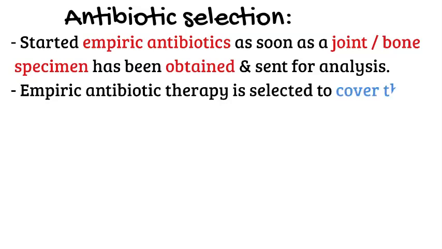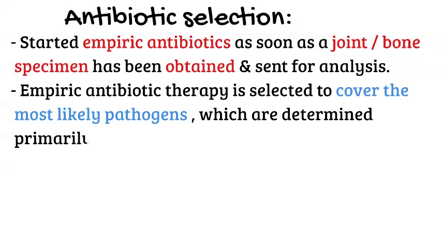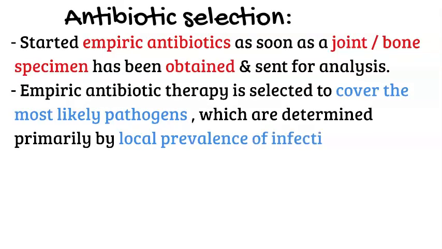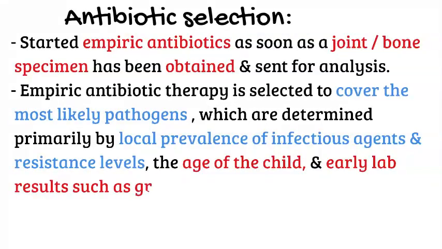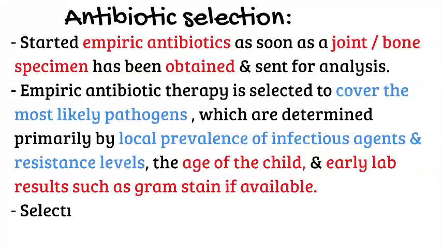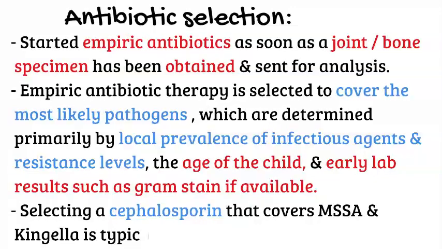Empiric antibiotic therapy is selected to cover the most likely pathogens, which are determined primarily by local prevalence of infectious agents and resistance levels, the age of the child, and early laboratory results such as Gram stain, if available. Selecting a cephalosporin that covers methicillin-sensitive Staph aureus (MSSA) and Kingella is typical.